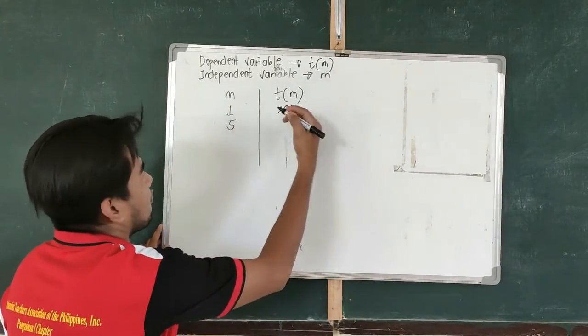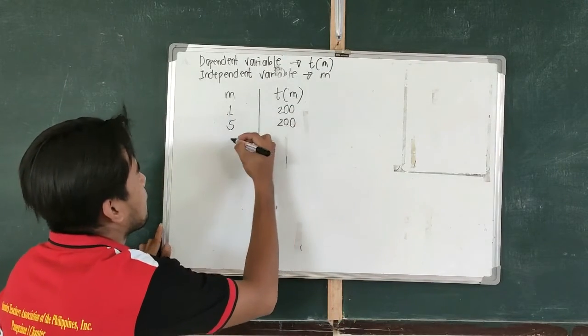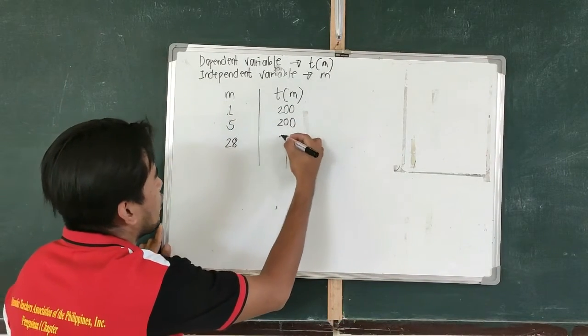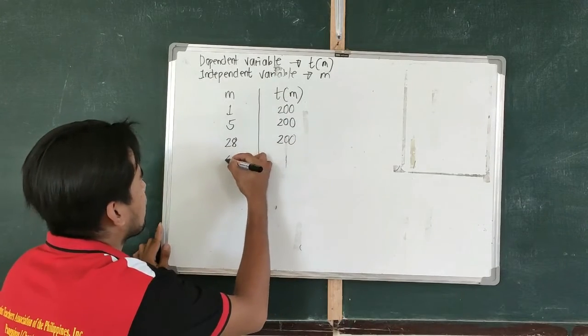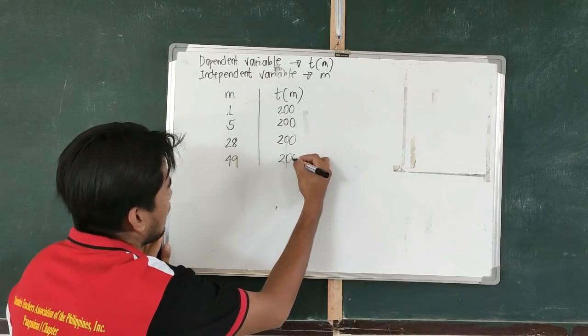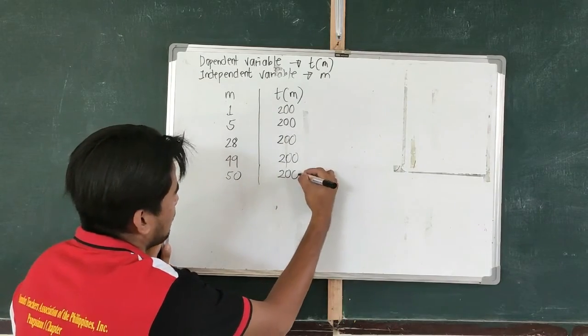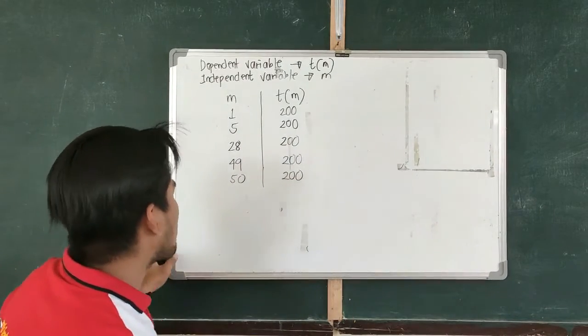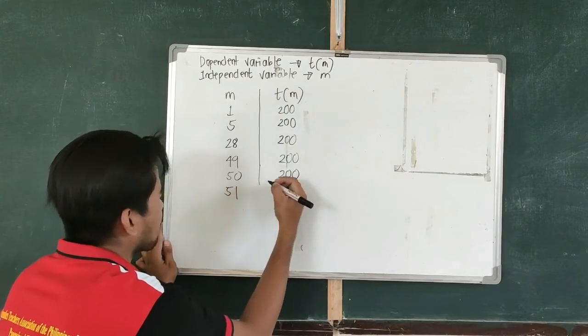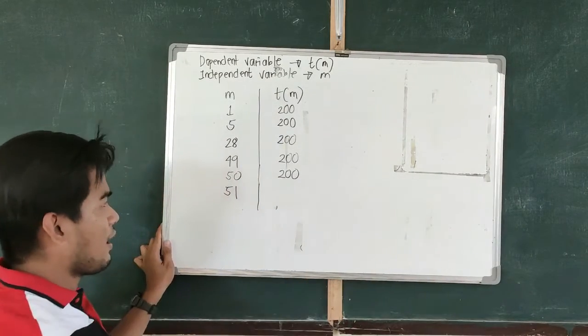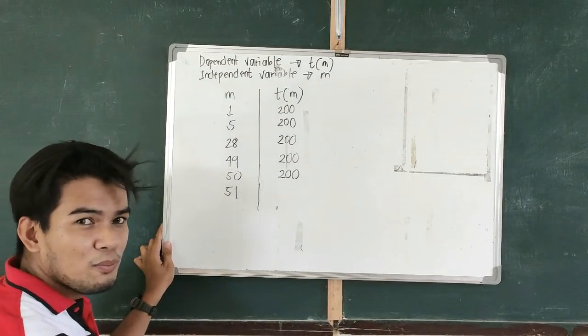Paano kapag 5? Siyempre 200 din yan. Paano kapag 28? 200 pesos din yan. Paano kapag 49? 200 pesos din yan. At kapag 50 ay 200 pesos. So, once na sumobra, for example, 51, ang babayaran niya 200 plus yung sobra dun sa 50.